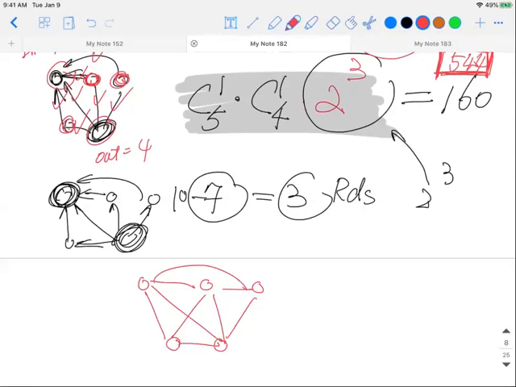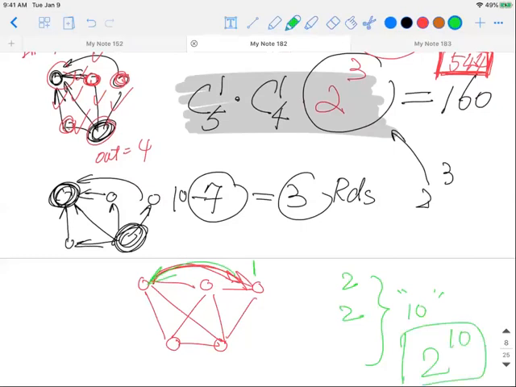Each road can be done this way or this way. This is bidirectional. So for every single road, you have 2 ways: road number 1 has 2 ways, road number 2 also has 2 ways, going in or going out. To finish the work, you need to construct all 10 roads together, so that's 2 to the power of 10.